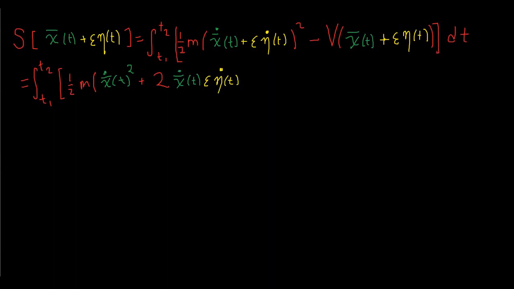And then the last term, plus epsilon squared eta dot of t squared. All I did was expand out that square. Let me draw that a little bit cleaner. And remember, we're only going to keep stuff to order epsilon, not to order epsilon squared. So I'm going to cross out this term, epsilon squared times eta dot squared.